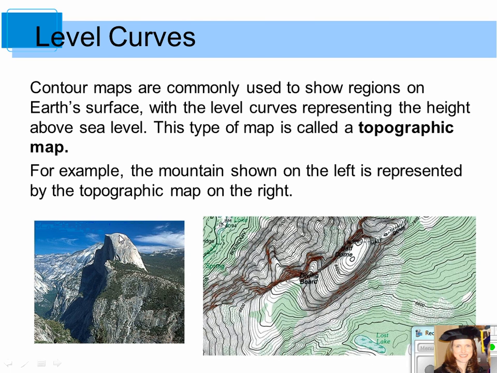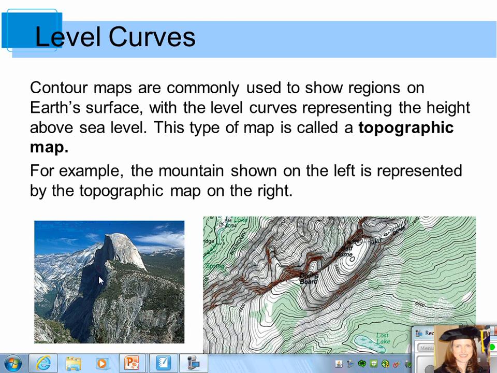Now take a look at this. This is actually the Half Dome at one of our national parks. I believe it's Yosemite. And you can see this is a great place if you want to go rock climbing because the side of this mountain is very, very steep. And then the other side, it's pretty steep, but as you can see on the top, not as steep.